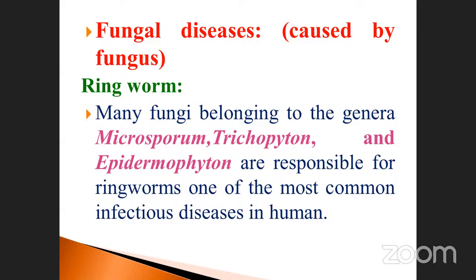Many fungi belonging to the genera Microsporum, note it down, this is very, very important. Microsporum, Trichophyton, and Epidermophyton are responsible for ringworm, one of the most common infectious diseases in humans. Normally these are the 3 things: Microsporum, Trichophyton, and Epidermophyton.